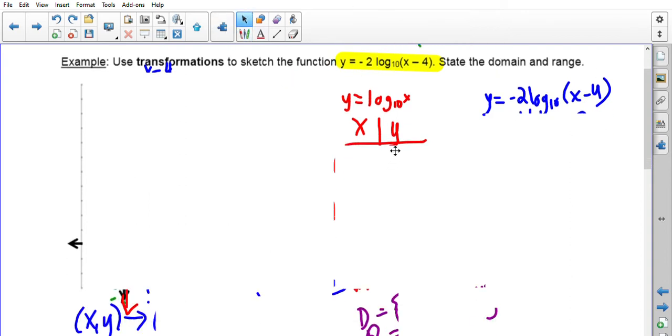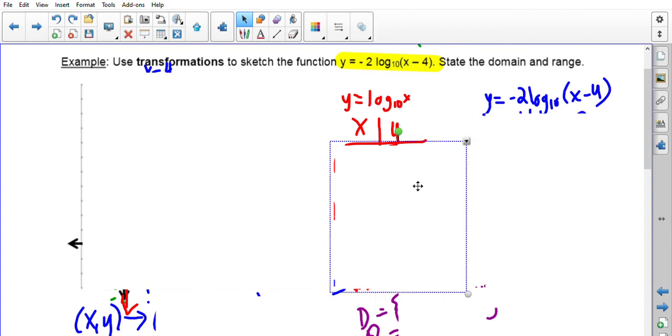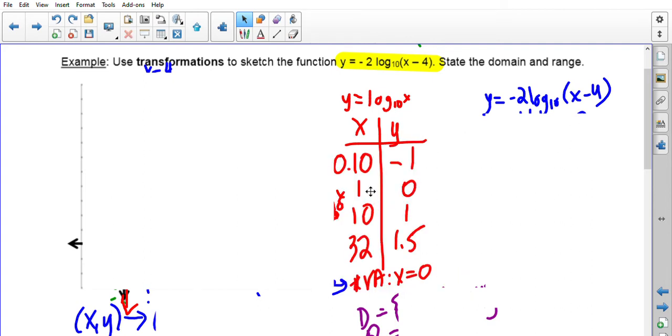So always start off with your parent function, which is log x to the base 10 in this case. You're going to write out your 4 key points from the previous page: (0.1, −1), (1, 0), (10, 1), (32, 1.5). And I always write at the bottom just a reminder that there's a vertical asymptote at x equals 0.